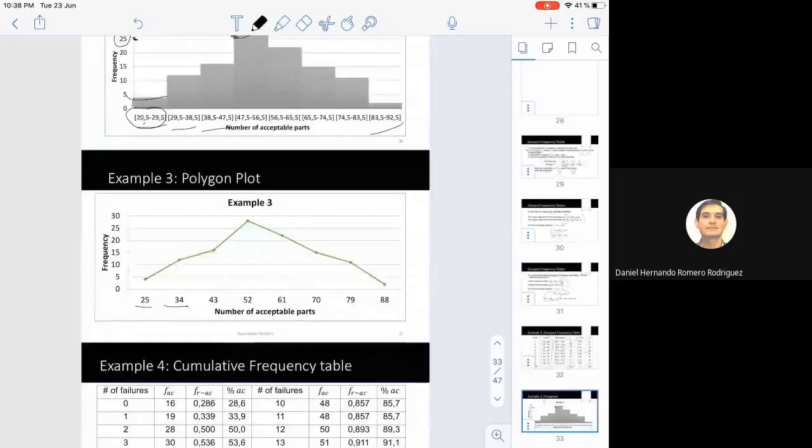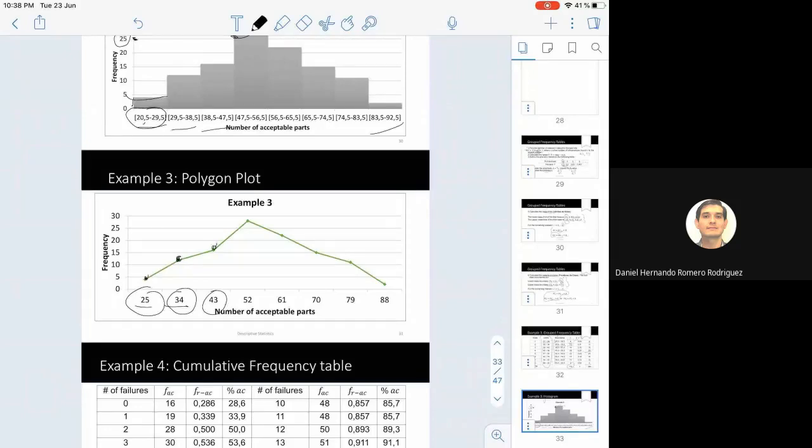So we have the class marks here. Again, the class marks are just the midpoint of each class. So in this polygon plot, when we have grouped data, remember that first we plot only the dots, and then we connect those dots using lines.